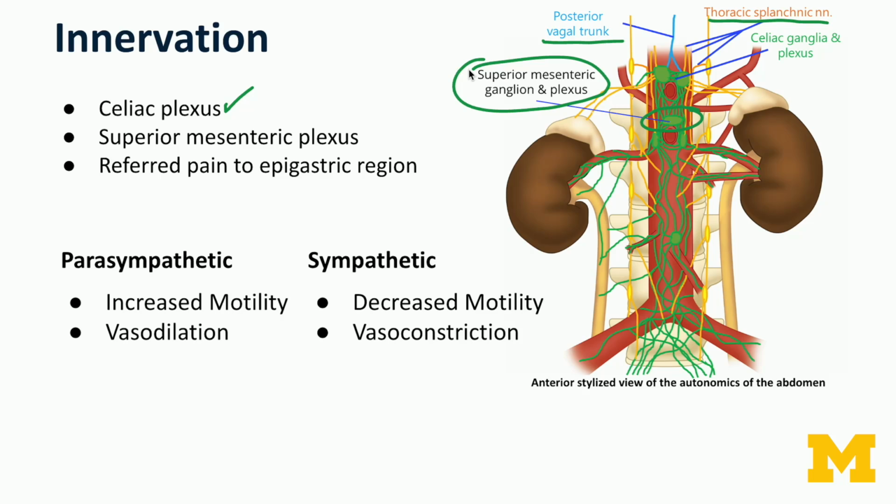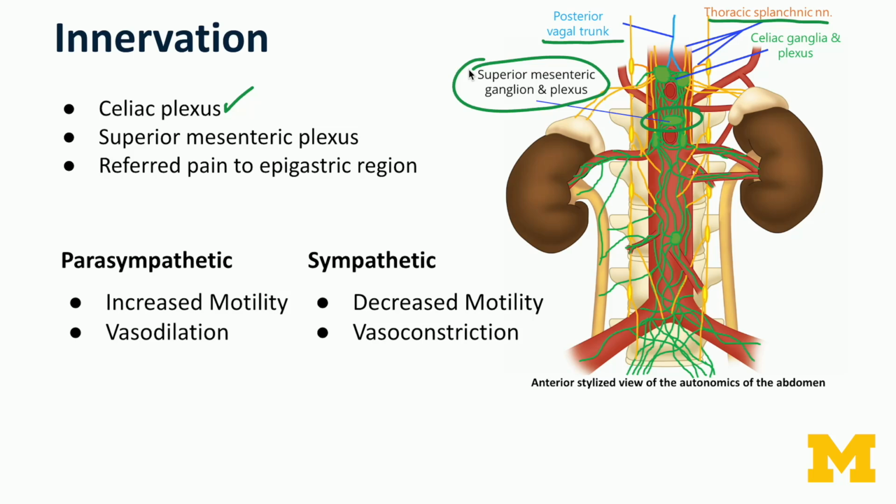So as such, we have two perivascular plexuses serving this. We'll still have referred pain to the epigastric region, so just below the sternum at the xiphoid process and where the margins of your ribs are coming together.